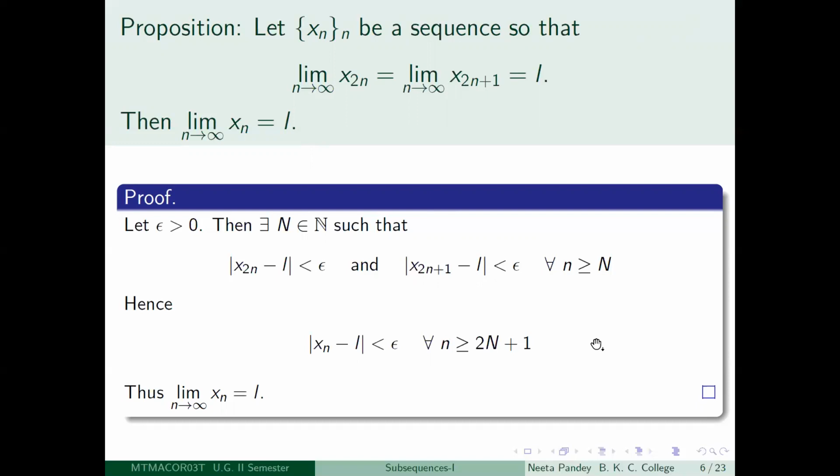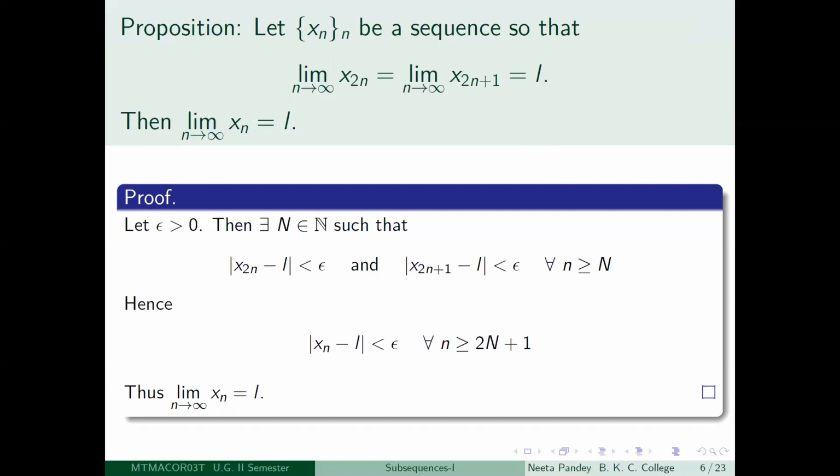I will advise you to think of how to prove it first and then write down the rigorous proof. It is always useful to imagine what is happening. Since limit x_2n is equal to L and limit x_(2n+1) is also equal to L, if you take any epsilon neighborhood of L, after a certain term all the even terms are going to lie in that epsilon neighborhood, and after another certain term all the odd terms of the sequence are going to lie in that neighborhood.